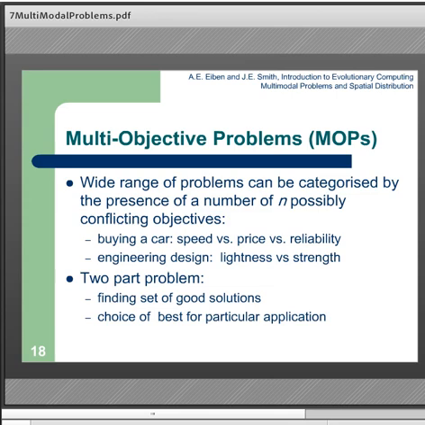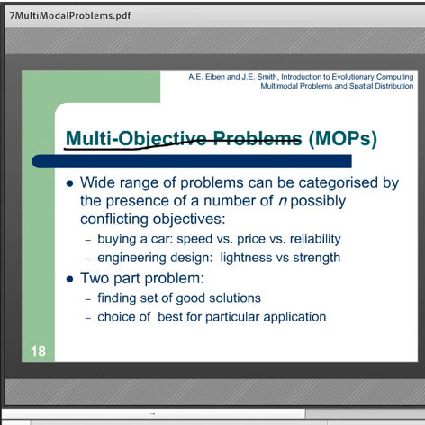And in page 18, we have multi-objective problems. So it is another type of problem.